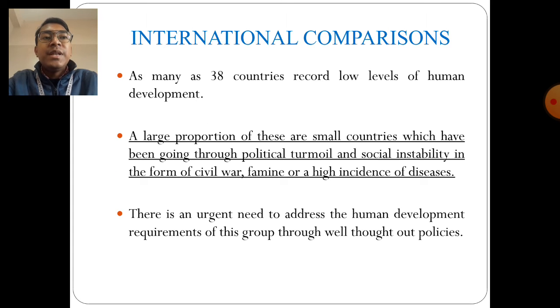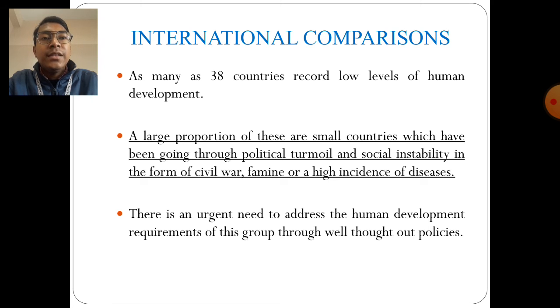As many as 38 countries record a low level of human development. A large proportion of these are small countries which have been going through political turmoil and social instability in the form of civil war, famine, or high incidence of diseases. So in the world, 38 countries have recorded a very low level of human development, meaning they have a score of less than 0.549.